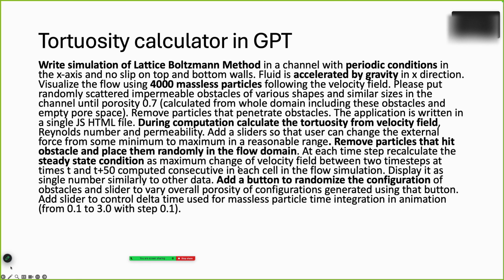You have to remove particles that penetrate obstacles during computation, calculate tortuosity from the velocity field. Now, add sliders so that the user can change the external force, because I also wanted to study the effect of inertia, for instance. Remove particles that hit obstacles and place them randomly in the flow domain.